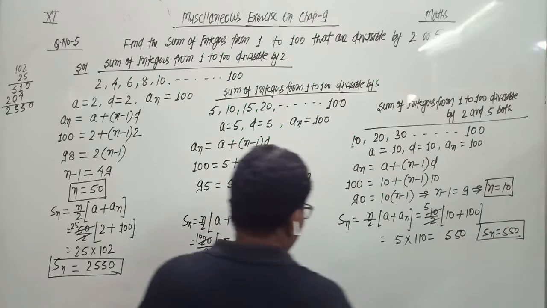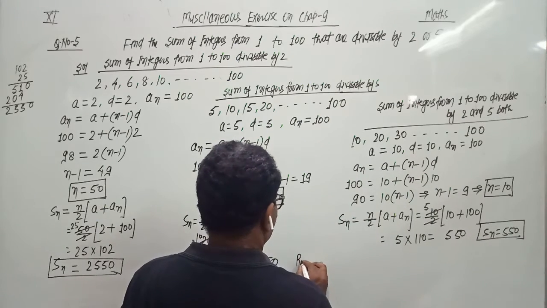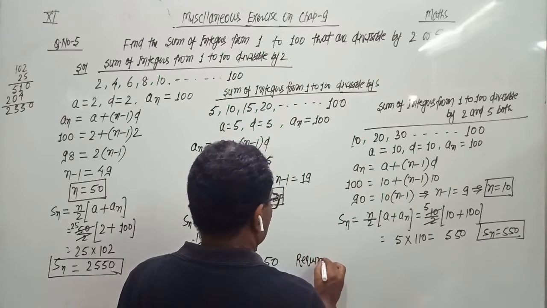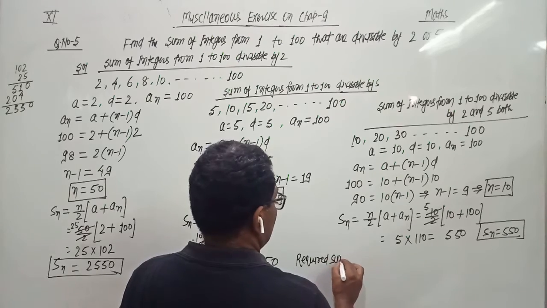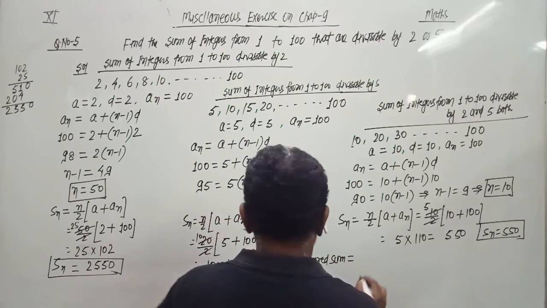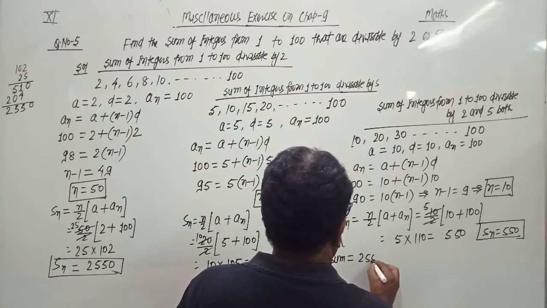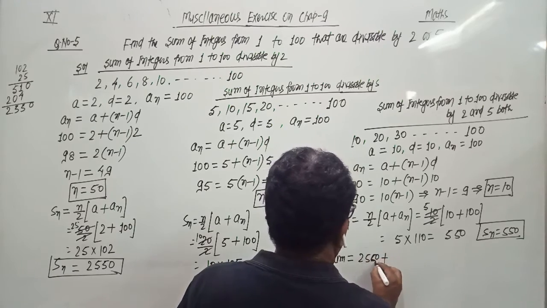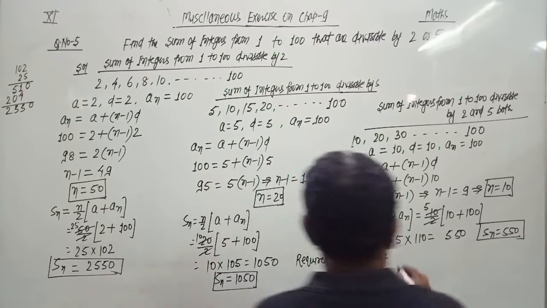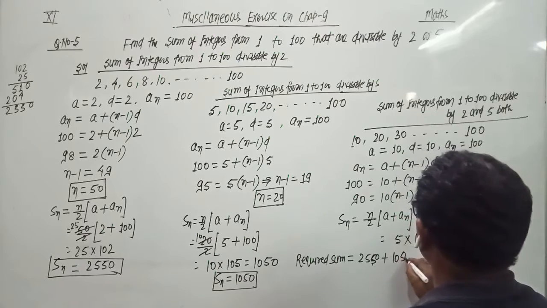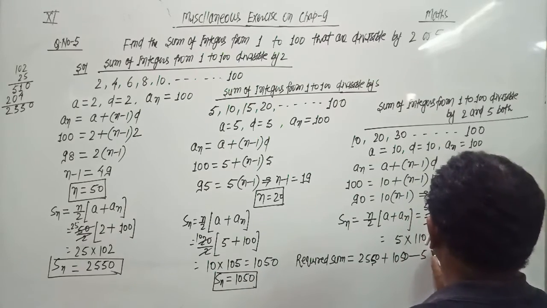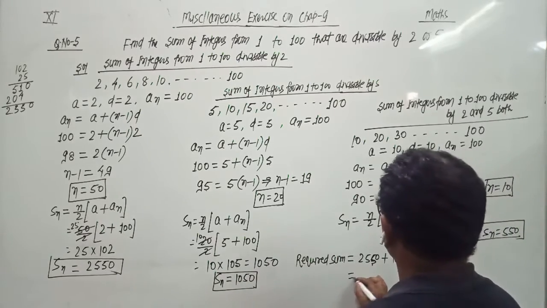So the required sum equals 2550 plus 1050 and subtract 550.